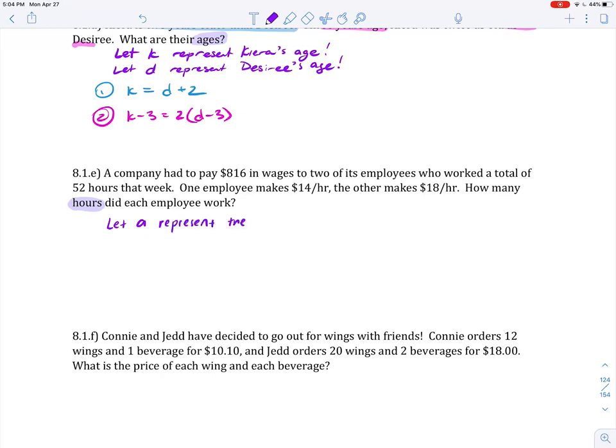Why don't we let, I don't know, let's say A represent the number of hours worked by the $14 an hour employee.